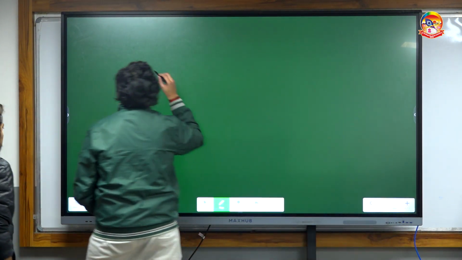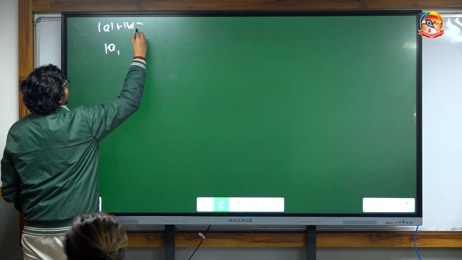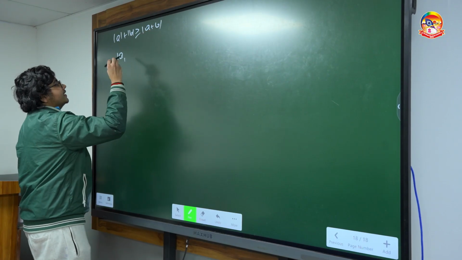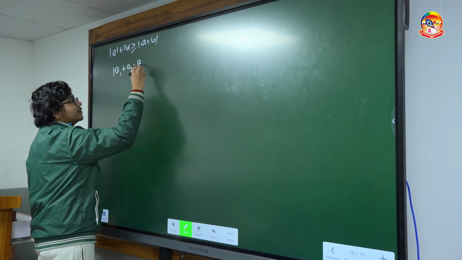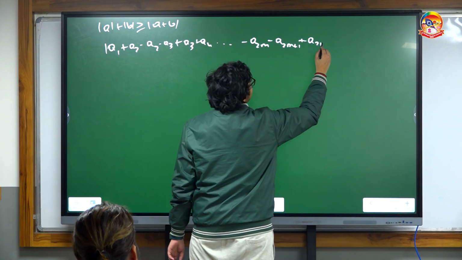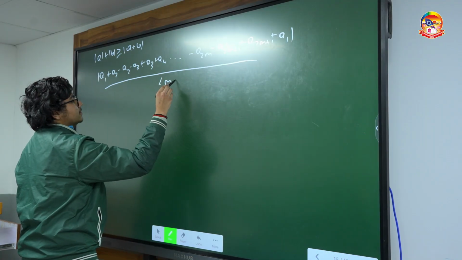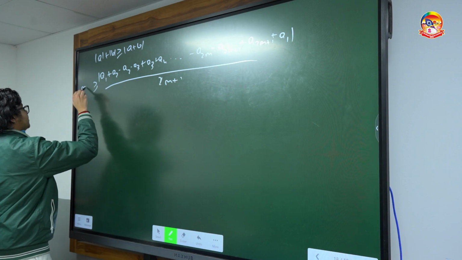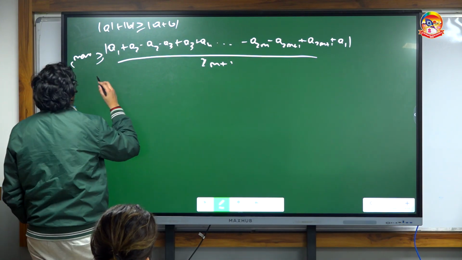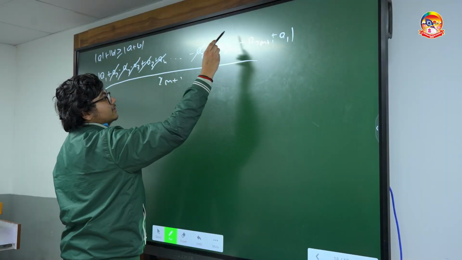This was the motivation. And by using the first property, that mod A plus mod B is greater than or equal to mod A plus B, we get that mod of A1 plus A2 minus A2 minus A3 plus A3 plus A4 and so on, minus A2m minus A2m plus 1 plus A2m plus 1 plus A1, upon 2m plus 1, is less than or equal to the maximum, which was our LHS, by the inequality shown on the last page, and these terms cancel out, which was our motivation in the start.